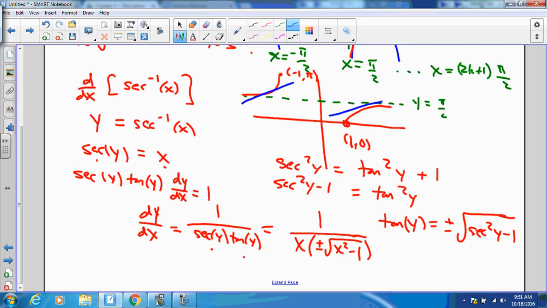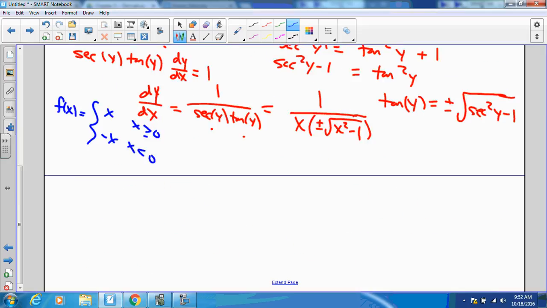Now we know a function that is equal to x when x is positive and opposite x when x is negative. What is that function? It's the absolute value. That's exactly right.